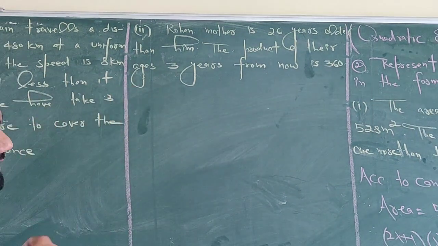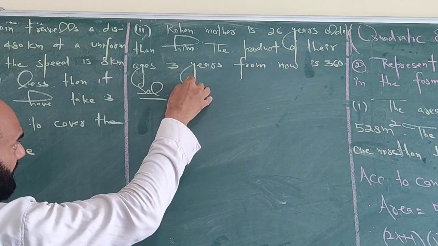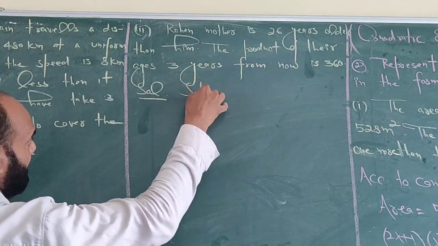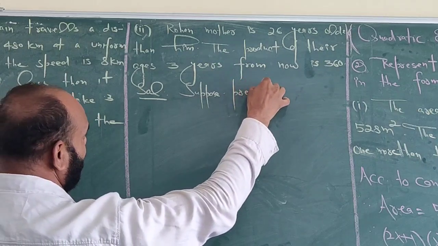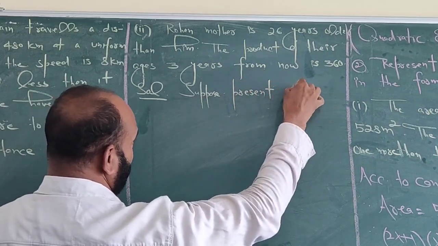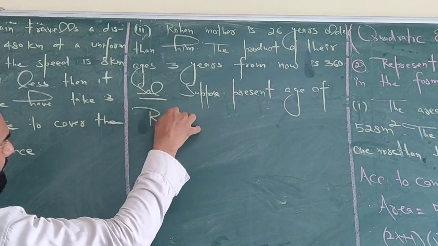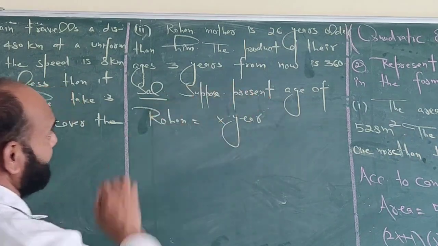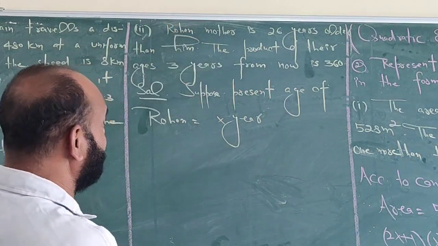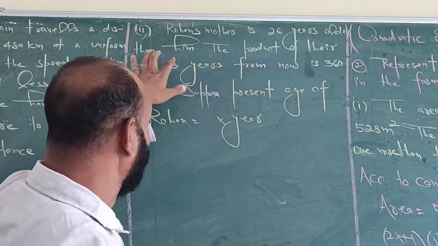So first of all we assume the present age of Rohan. Suppose the present age of Rohan is equal to x years, and here it is given that Rohan's mother is 26 years older than him.